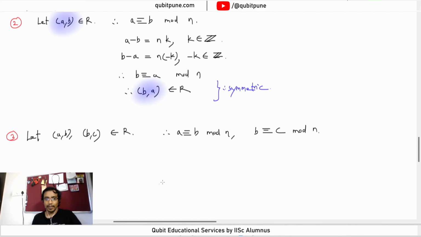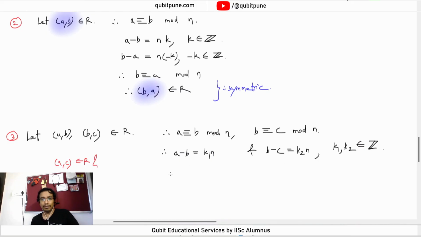Now, if we interpret it, we can say that A minus B is equal to K1 n and B minus C is equal to K2 n, where K1 and K2 are integers. We would like to check whether A comma C belongs to R.